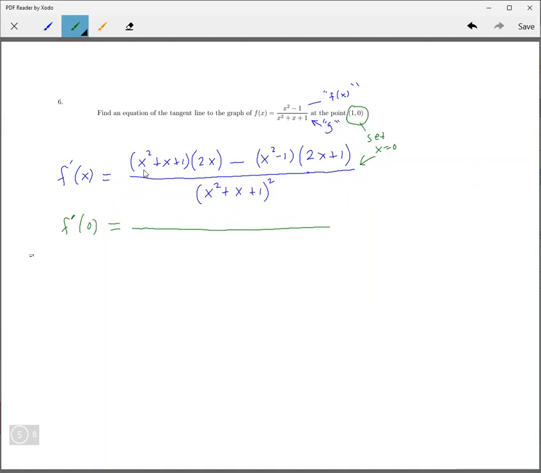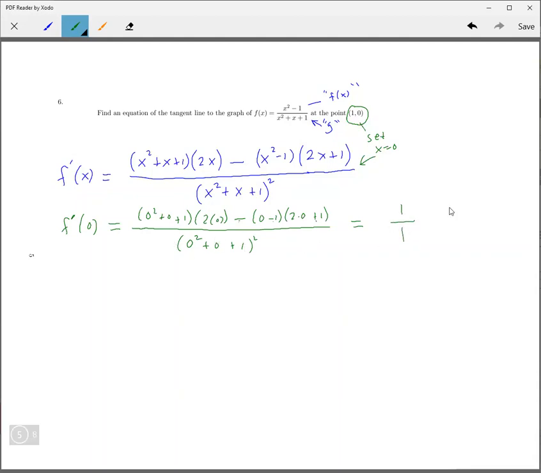Okay, so that means when you set x equal to 0, that's 0. It turns out everything's 0 anyway, so that first term's all gone. Here, this minus, and then you have 0, and then down here we have 0 squared plus 0 plus 1. And minus, okay, so here this is -1 times 1, that's -1 times -1 is 1.